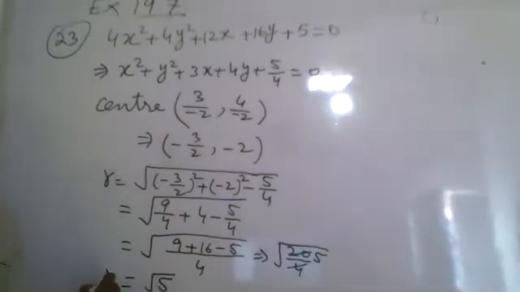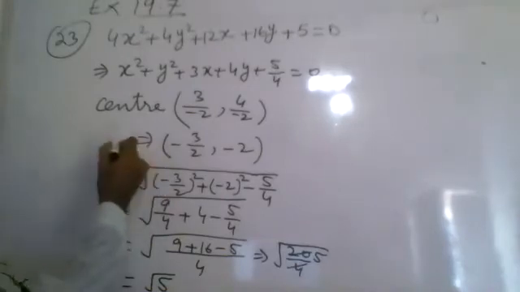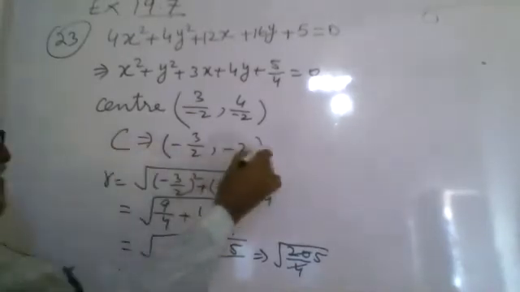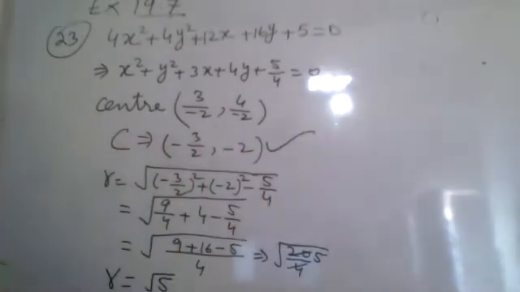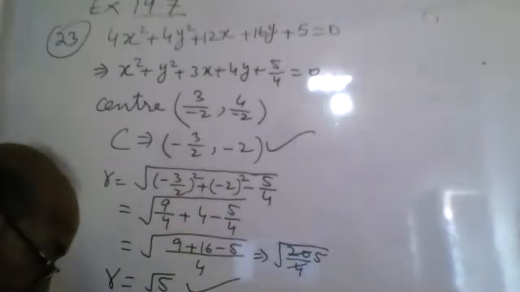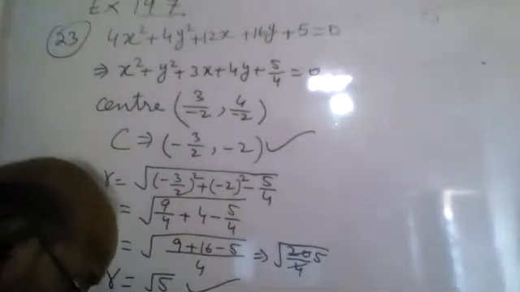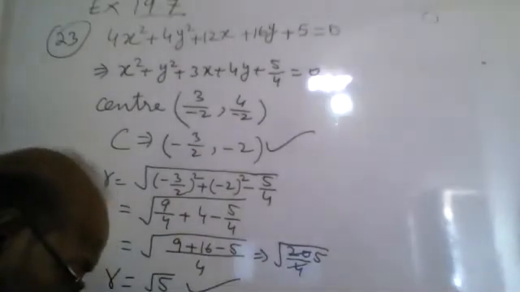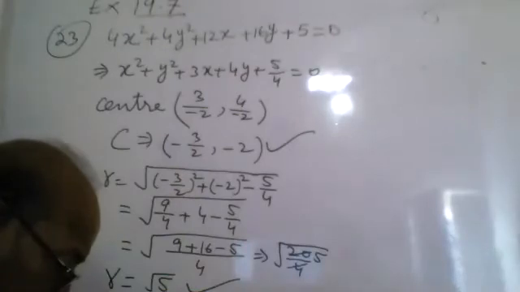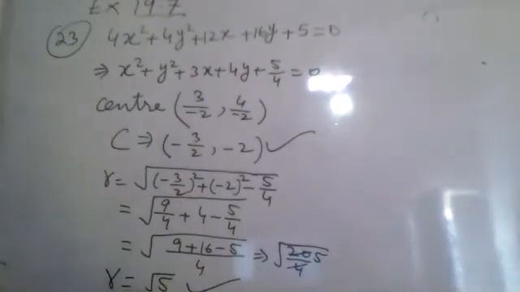Under root 5 is the radius, and the coordinates of the center are -3 upon 2 comma -2 and the radius is under root 5. This is the way how to find the radius and the center when the equation is given.